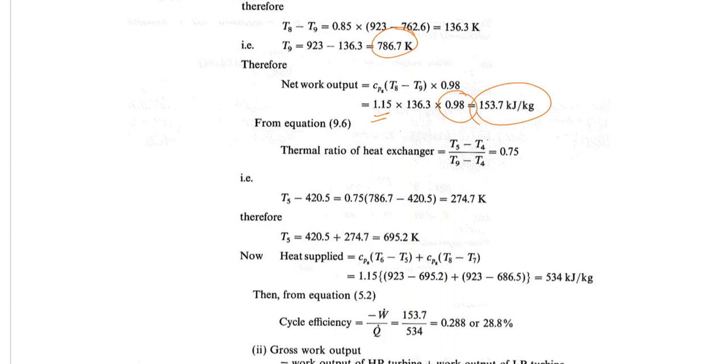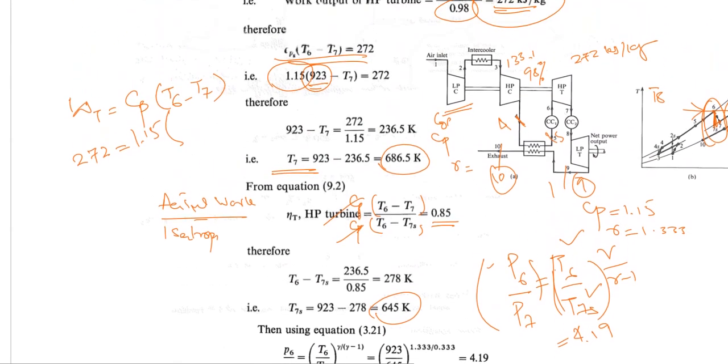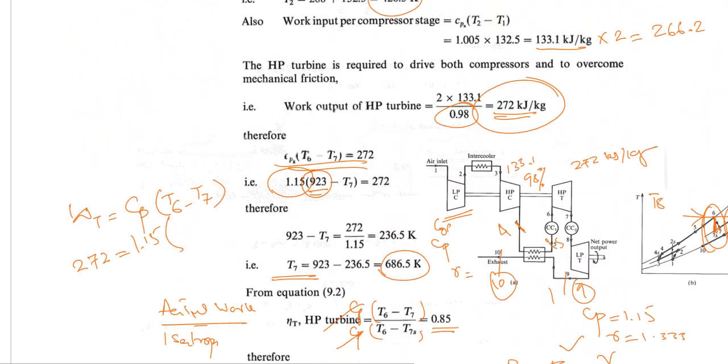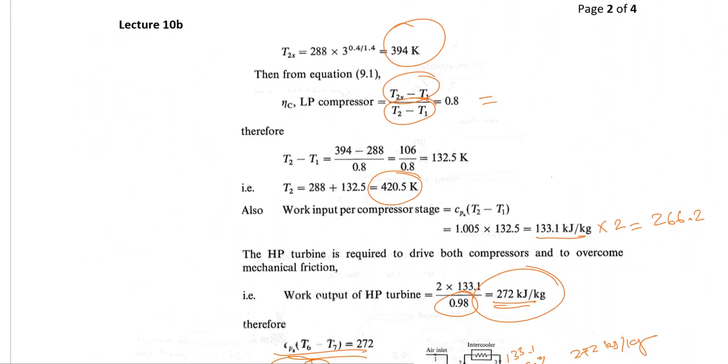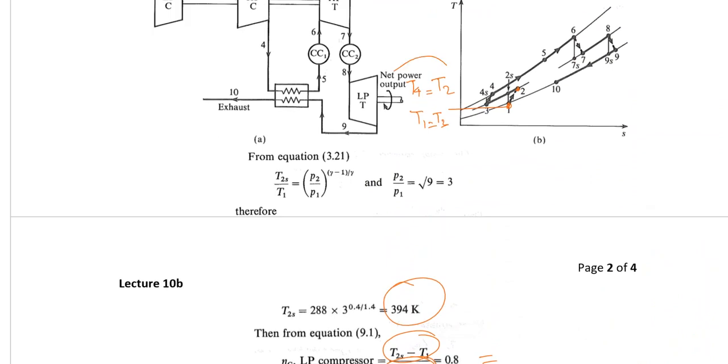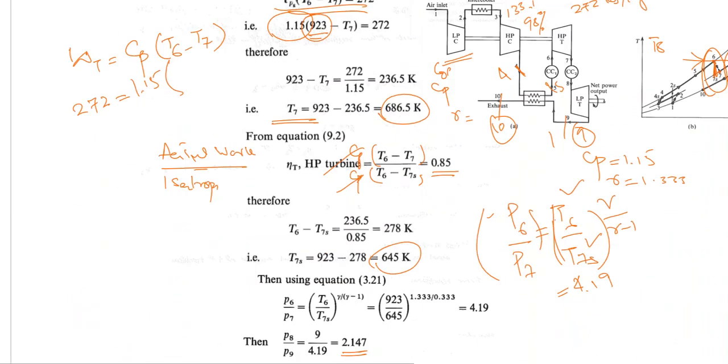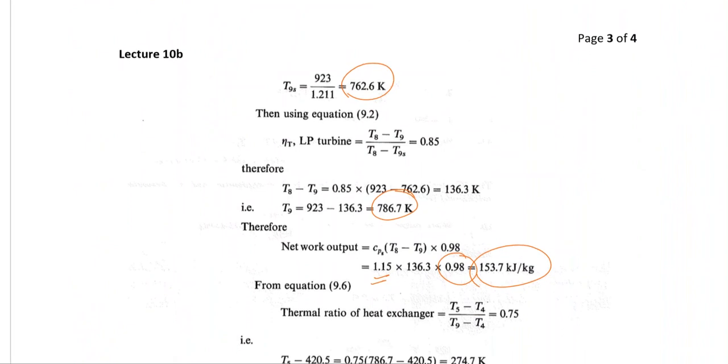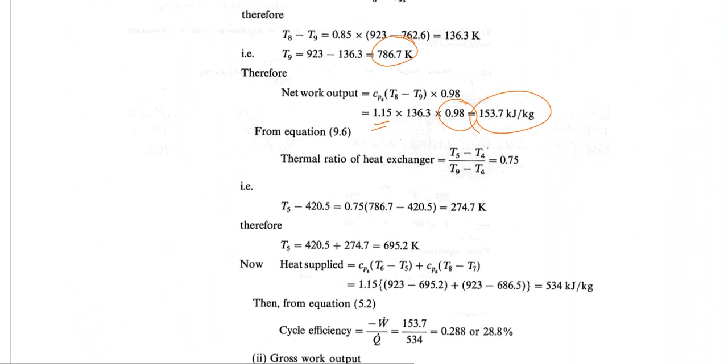We have already found T4 over here, and T5 we need to find out. T9 is just over here. We have already got it, so we can find T5, and once we have T5, we can find the enthalpy as well. This is the regenerator, or heat exchanger, side.